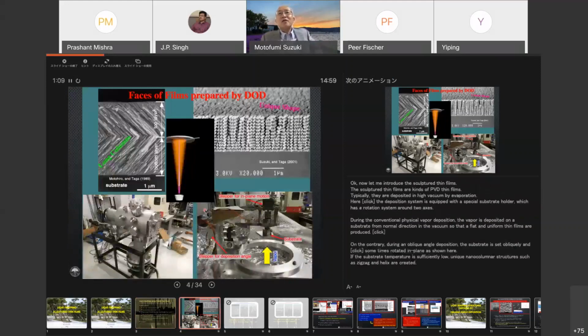Okay, so now let me briefly introduce sculptured thin films. As you know, sculptured thin films are a kind of physical vapor deposition film, and typically they are deposited in a high vacuum evaporation system. Here, the deposition system is equipped with a special substrate holder, which has a rotation system around two axes.